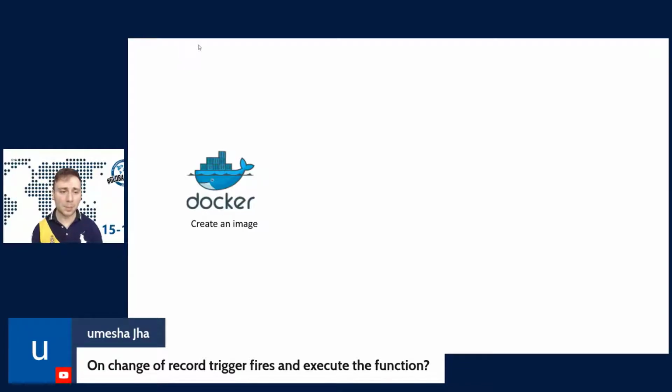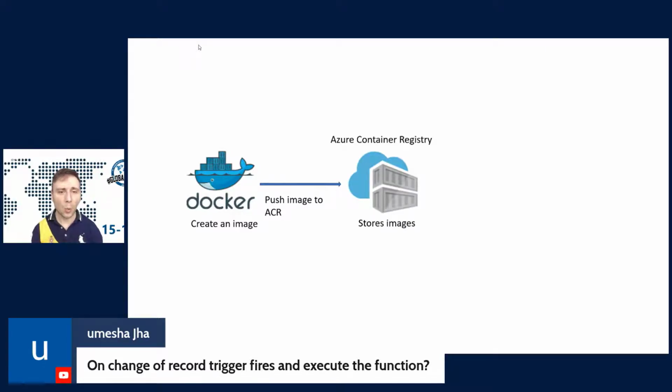When we have the image ready, we can run containers from there. But because we are going to do it in the cloud, we must take a few extra steps. First of all, to make it a cloud-based container, I must push this image to a container registry, a special service where images are stored.